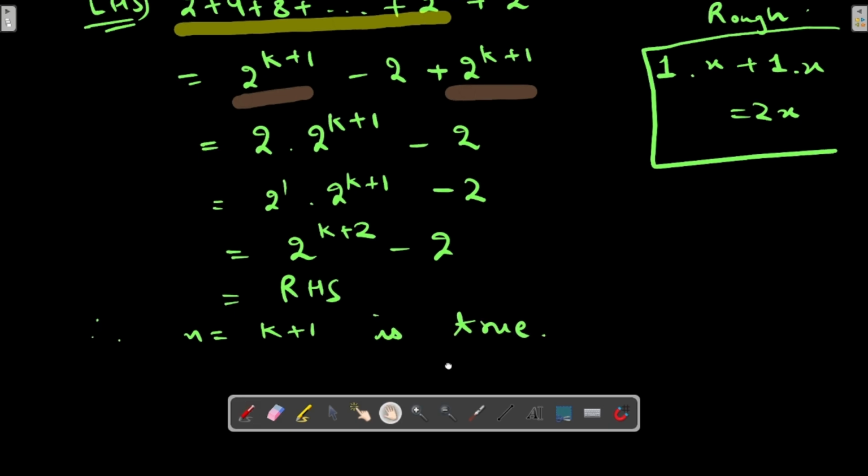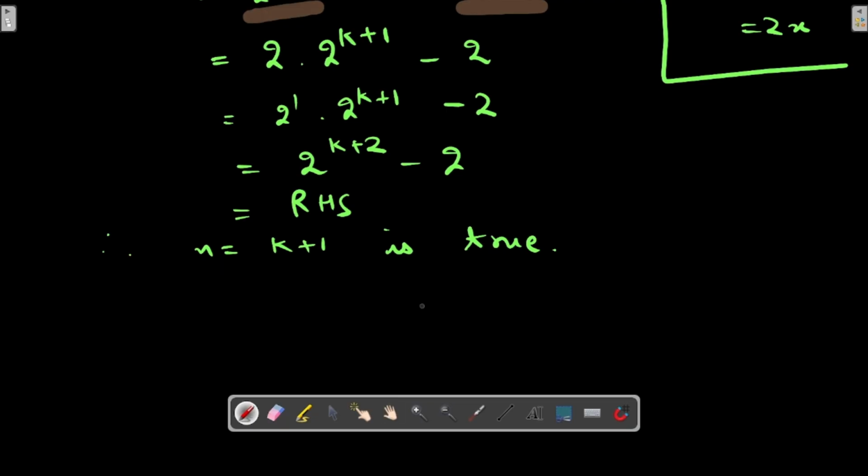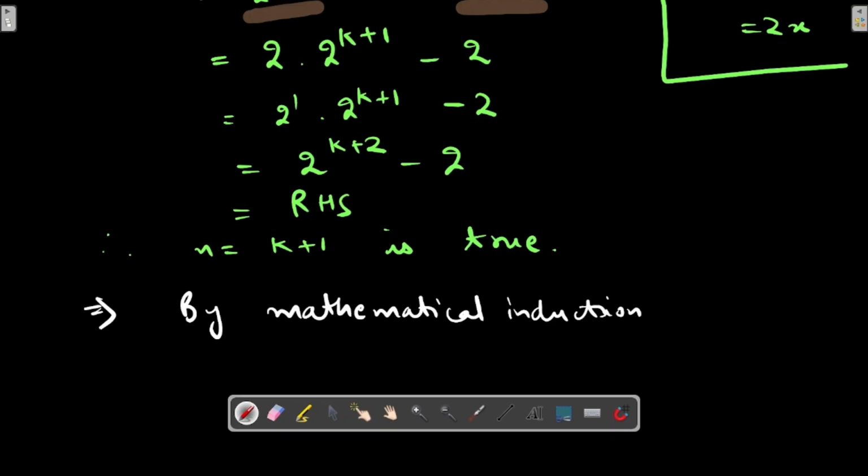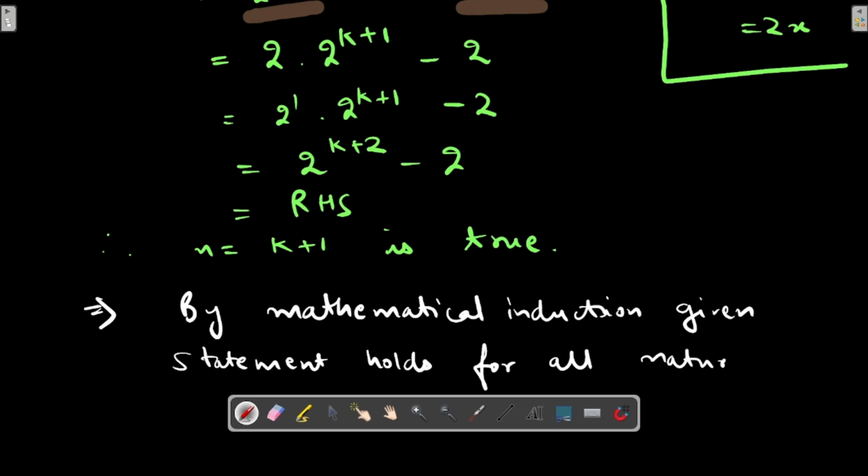If n is equal to k plus 1 is true, then this gives us, by mathematical induction, the given statement holds for all natural numbers n. Okay, so the given statement holds. So this is the proof.